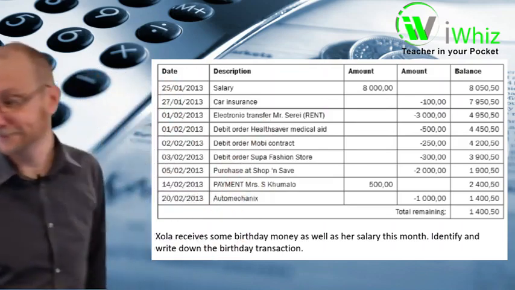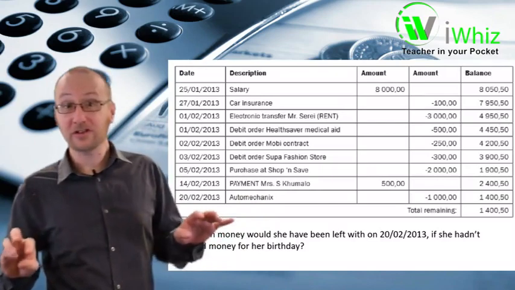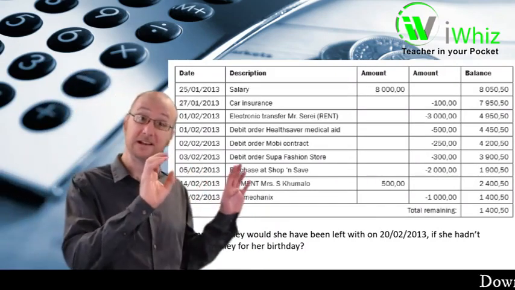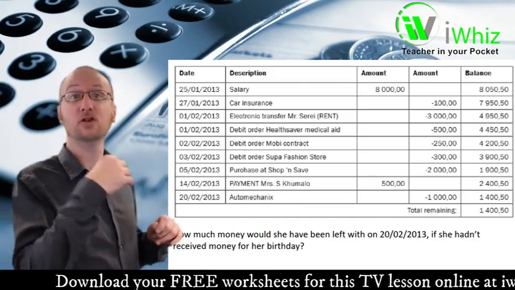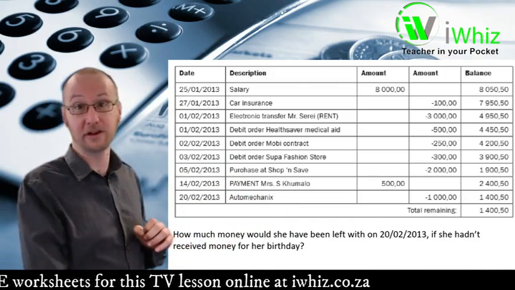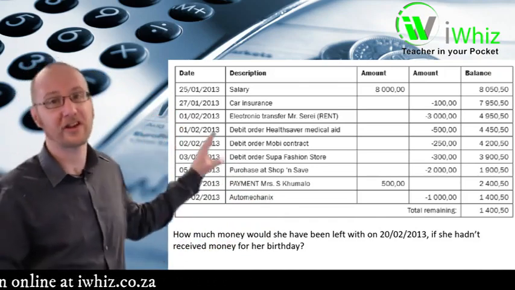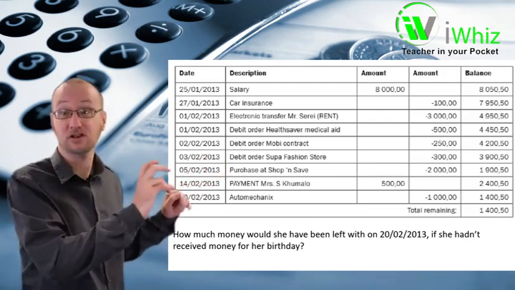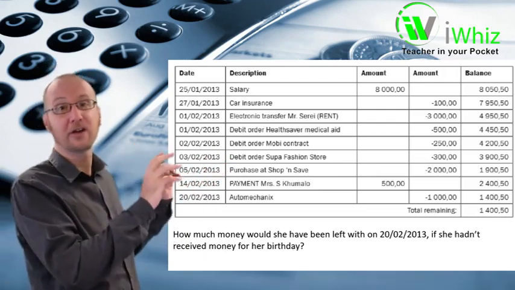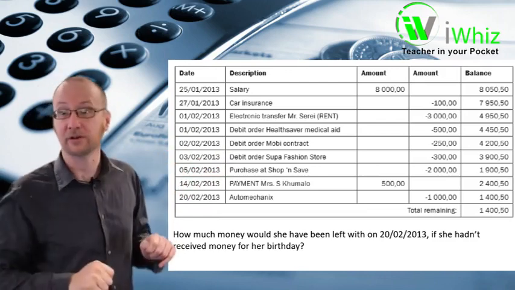Okay, moving on. Okay, next question says, how much money would she have been left with on the 20th of the 3rd if she had not received this birthday money? So we have a look at the transaction that happened on the 20th of the 3rd, and we see after that transaction she is left with 1,450 Rand in her account.